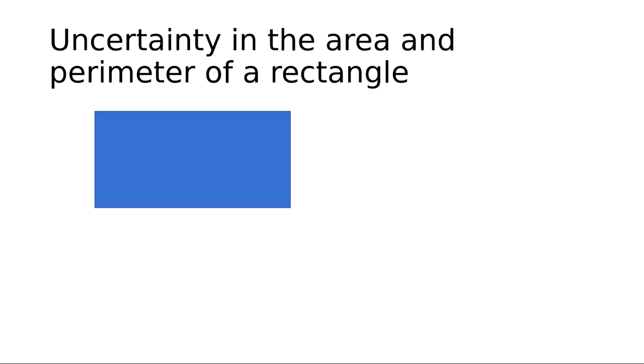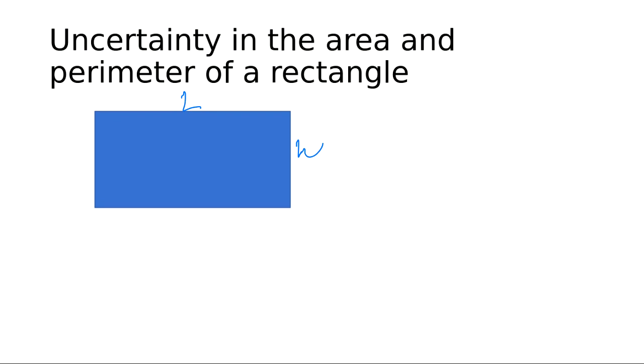Let's say that I'd like to figure out the uncertainty in the area and the perimeter of a rectangle. So let's say I have a rectangle whose length is L and width is W. The question is, what is the uncertainty? First of all, we need to know the uncertainty in the length and the uncertainty in the width. It could be 0.1, 0.01, whatever, but they'll give it to you.